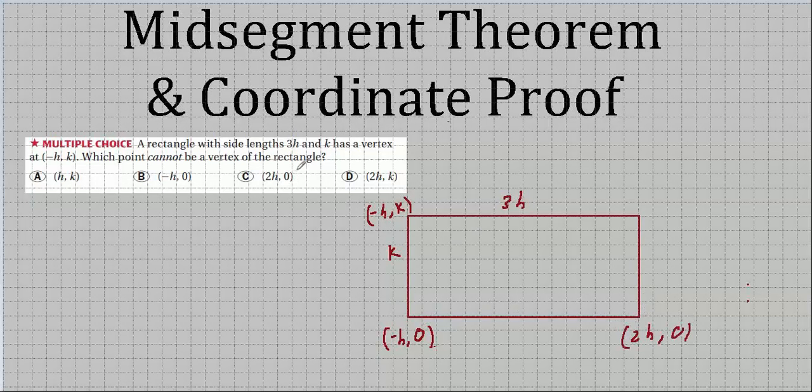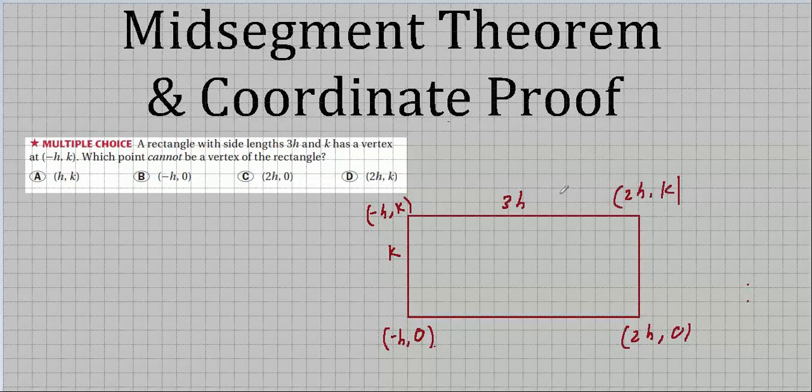Okay, cool. What would this point be? Well, it would be the same x-coordinate as this one, it's a vertical line. It would be up k, or you could say it would have the same y-coordinate as this one here, which is k.